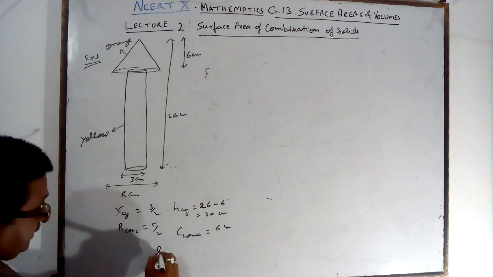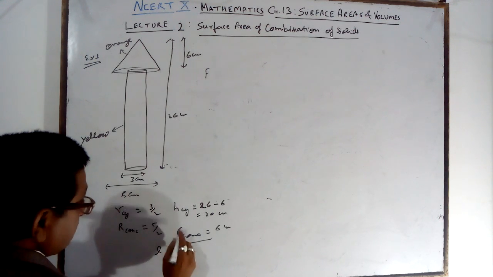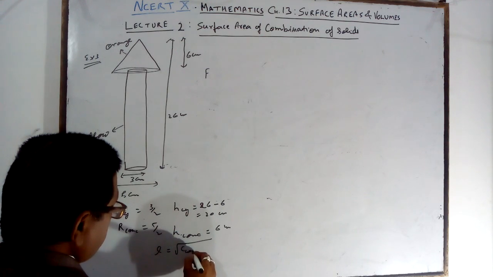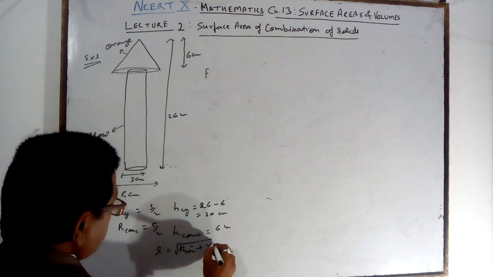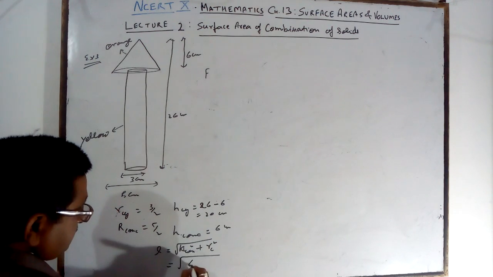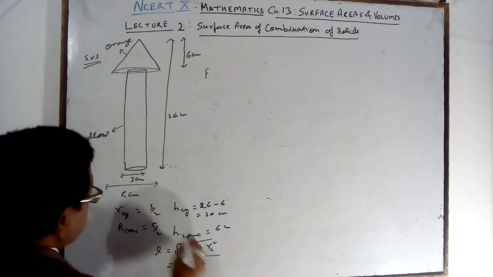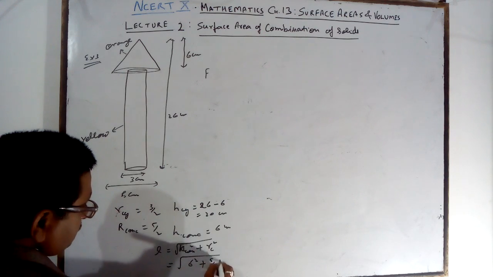But you want the slant height l. l is equal to under root height of cone square plus radius of the cone square. That is under root 6 square plus 5/2 square, where the radius of the cone is 5/2.